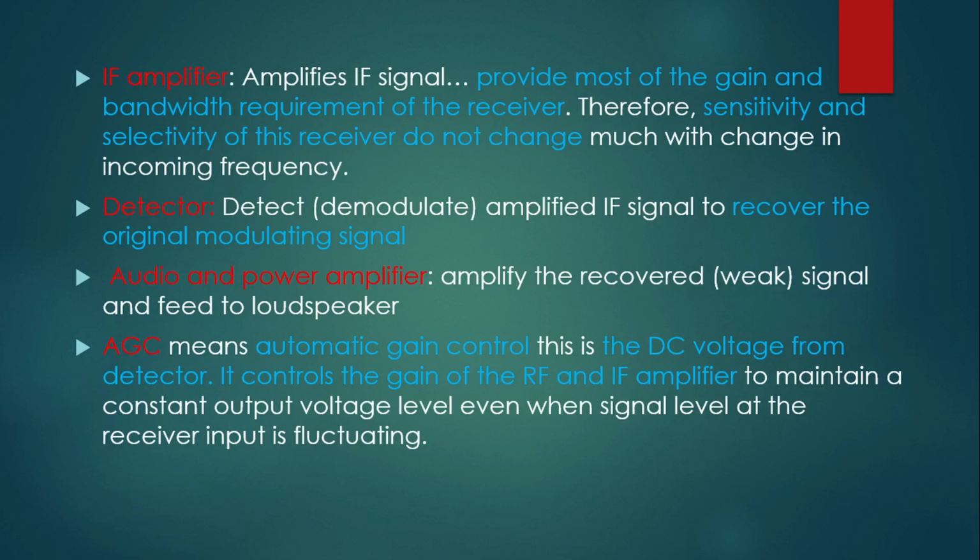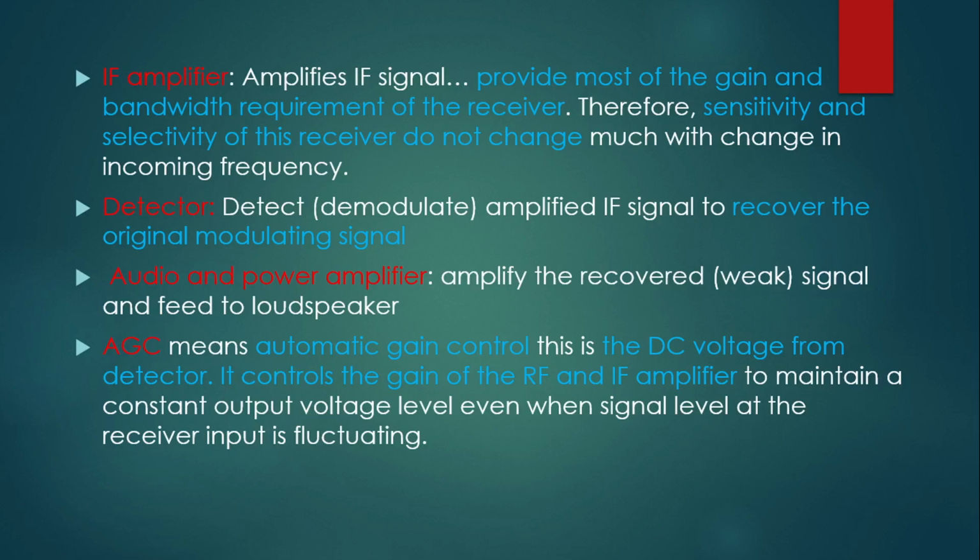It is simply the DC voltage which is given by the detector and it is fed to the RF and IF amplifier, and it controls the gain of the RF and IF amplifier to maintain a constant output voltage level, even if the signal level at the input is fluctuating.